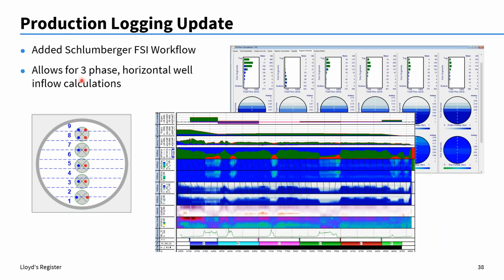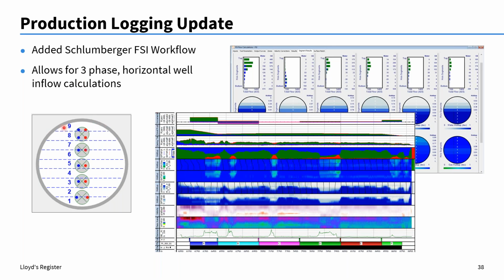The production logging will have some updates on the tools. We'll add a new tool from Schlumberger, which is the FSI. This tool is mostly used when you're dealing with deviated and horizontal wells. You might remember that in IP 2018, we introduced our first advanced array tool workflow using the GE Maps tool.